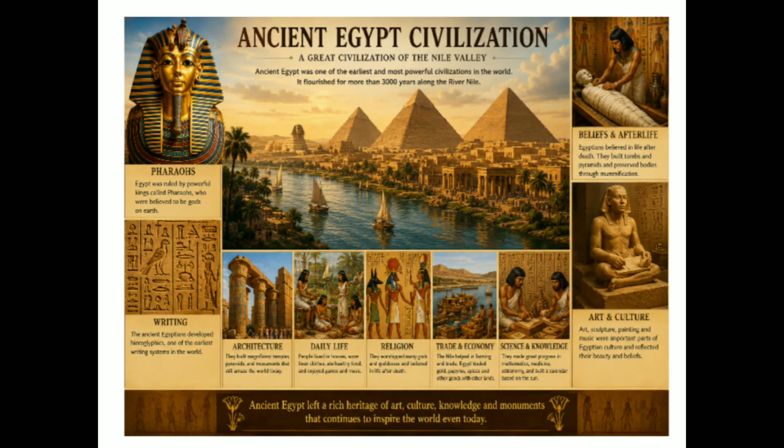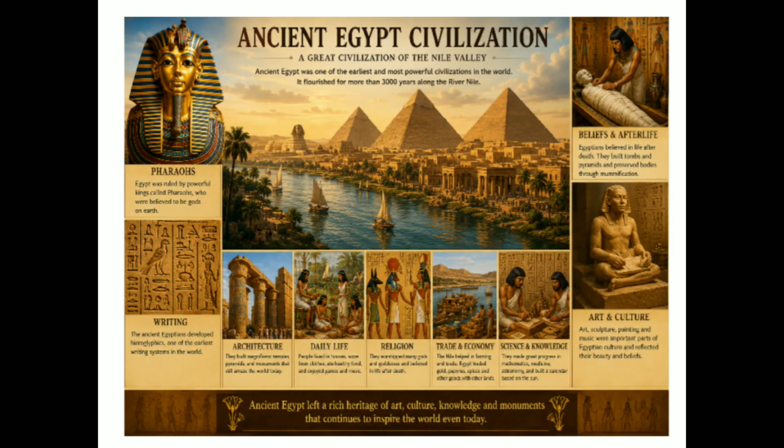Next, the ancient Egyptian civilization. The civilization began along the fertile banks of the river Nile, which provided water, food, and transportation.